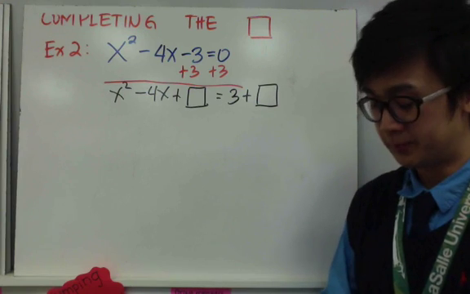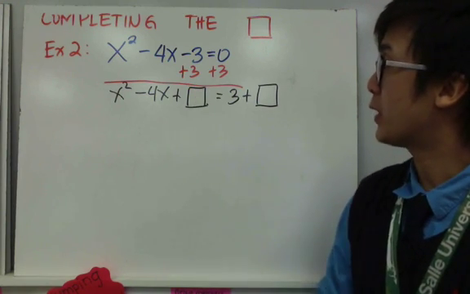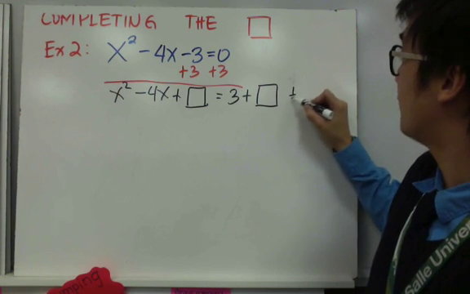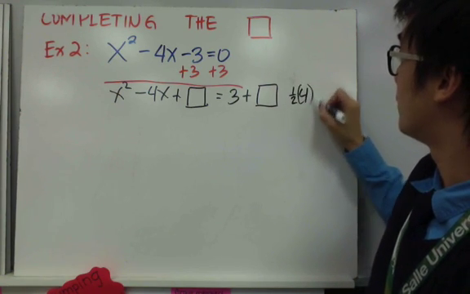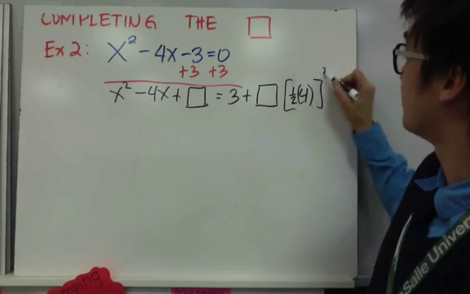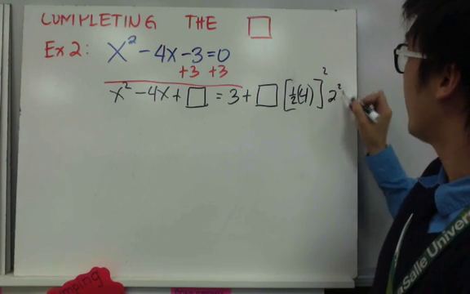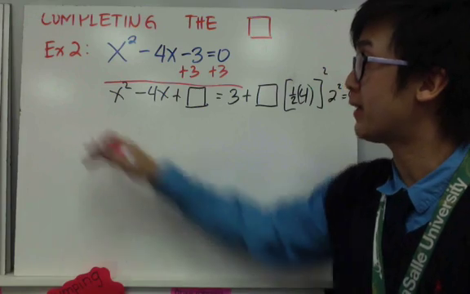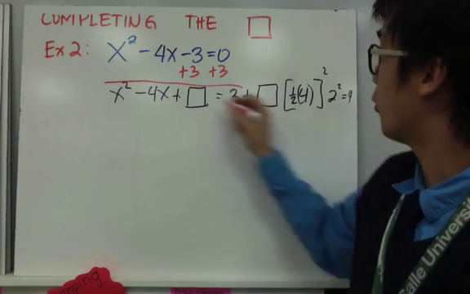plus the second box. The number that we need to replace the box with will come from your middle term. Take half of 4 and then you square it. Half of 4 is 2 and 2 squared is equal to 4. So the number that will complete our trinomial will be 4.